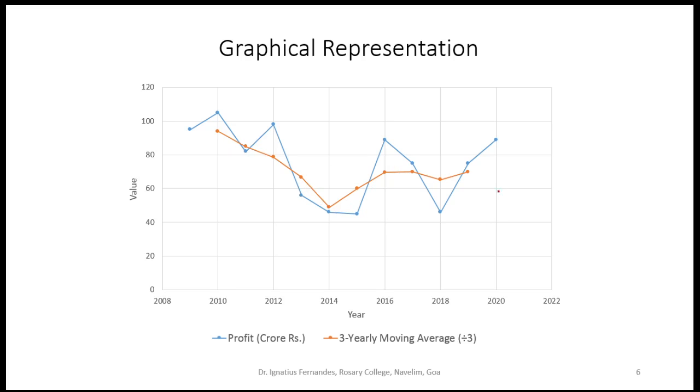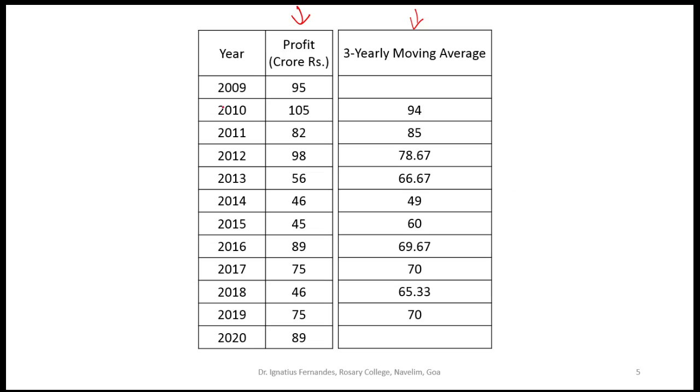What I did was, of course we know how to draw a scatter plot for this graph. After drawing the line graph, then for each year, for 2010 I have marked 94, for 2011 I have marked 85, for 2012 78.67, and so on.